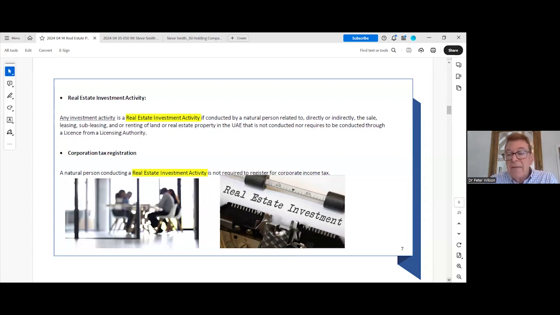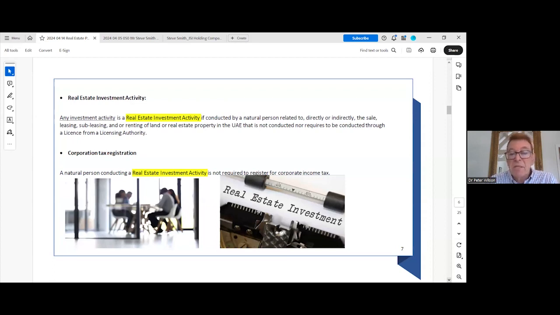So very clearly, the person who's got one rental apartment in Sharjah and they're renting it out and they're getting 10,000 dirhams a month, for example, and they make a gain of 500,000 dirhams when they sell it, very clearly they don't have to register for corporate tax.